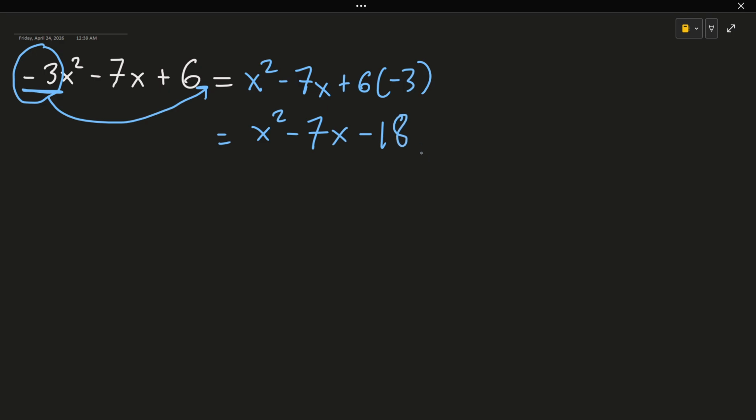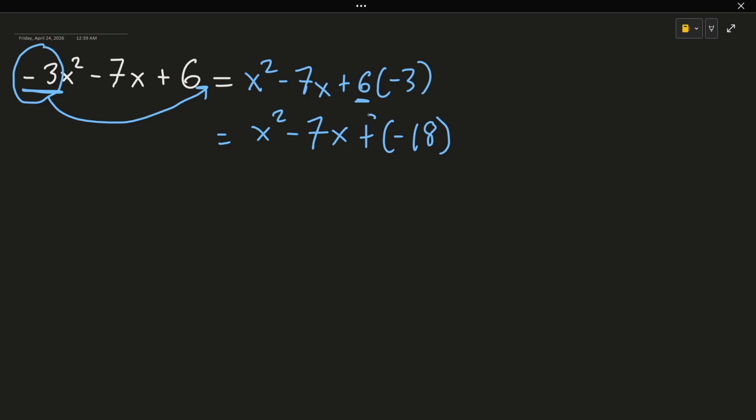Now, in case you're wondering, how did it become negative 18? 6 is positive, right? Negative 3 is not positive. So remember, if one is positive and the other is negative, the answer would be negative. So you will get negative 18, so you will have plus negative 18.